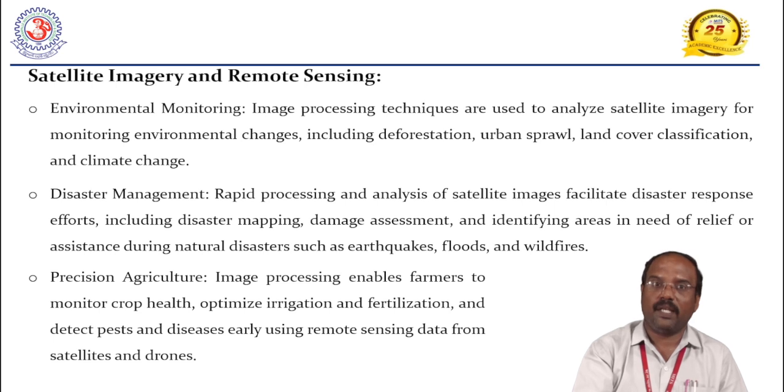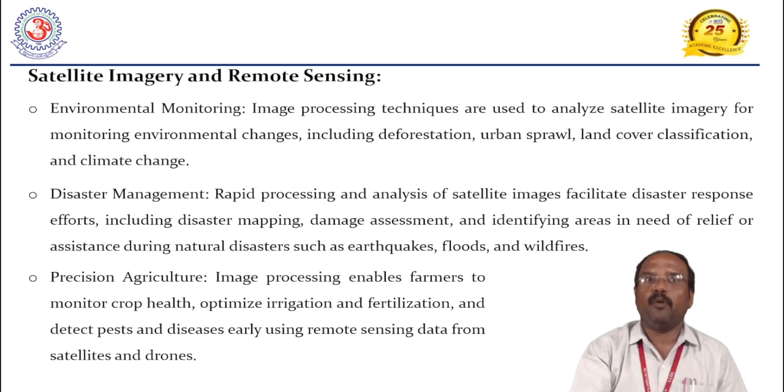Then we can go for optimizing irrigation and fertilization, and detect pests and diseases which occur in the crops, and we can do it through remote sensing data from satellites or from drones also. So these are the things you can have in satellite imagery and through remote sensing.